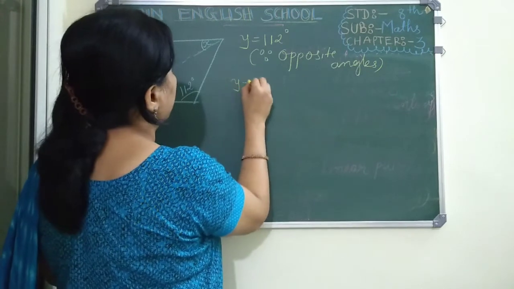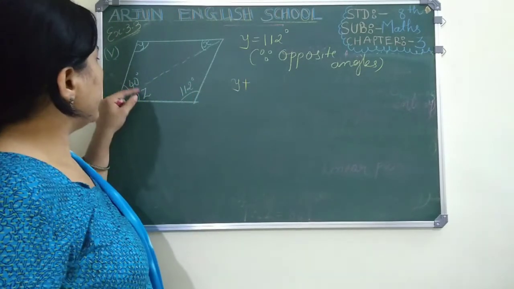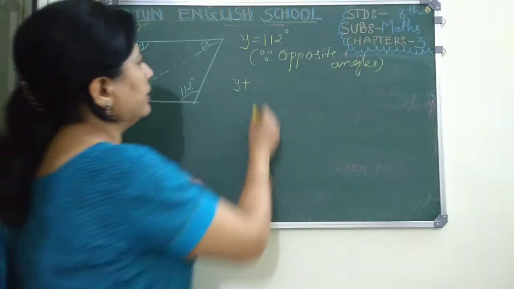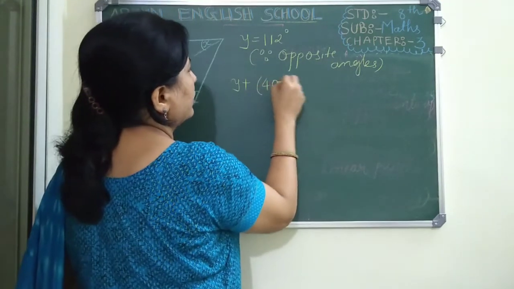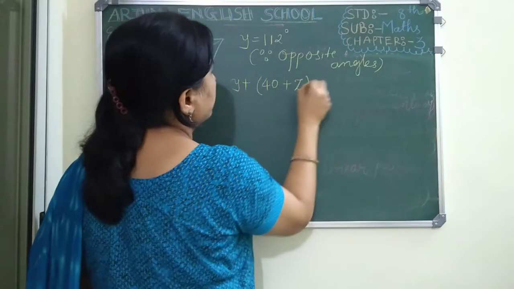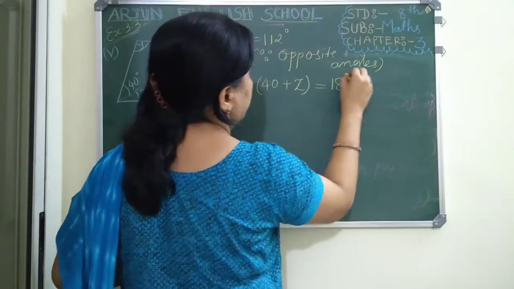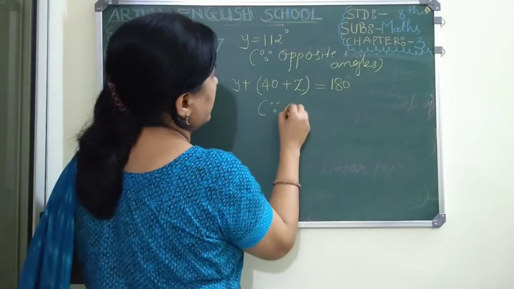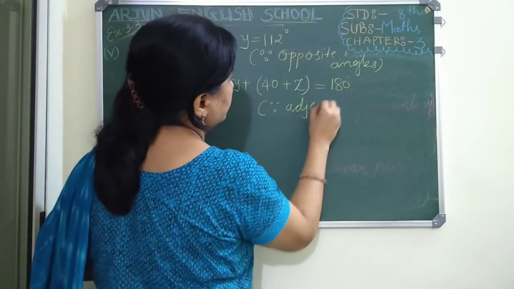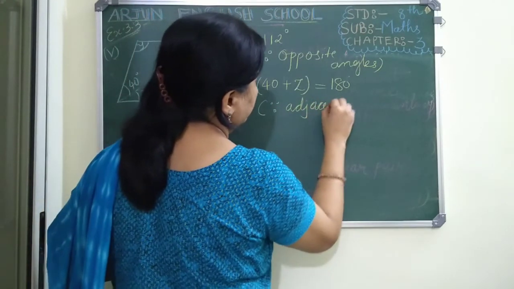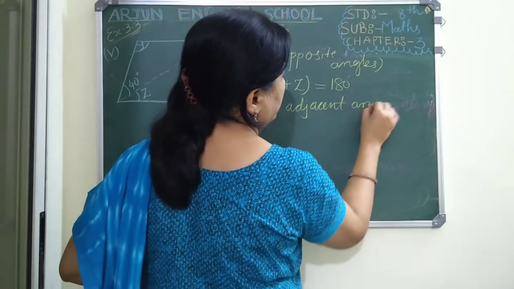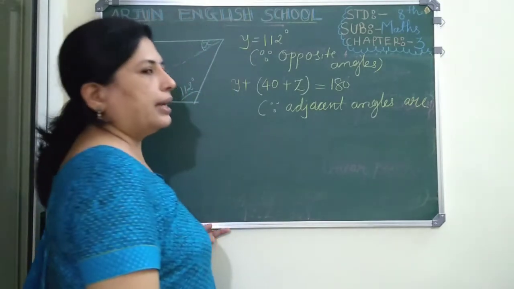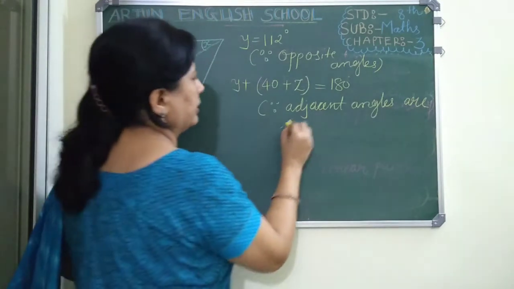But here we are not having this angle. This angle is 40 plus z. So we can write here 40 plus z is equal to 180. And we will write the property that adjacent angles are supplementary.